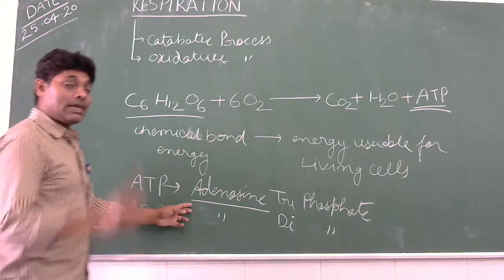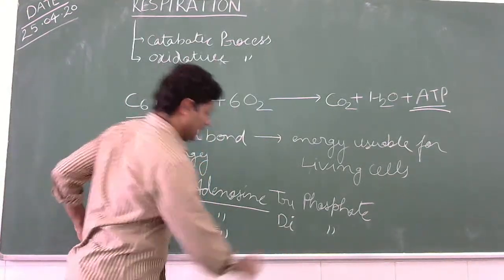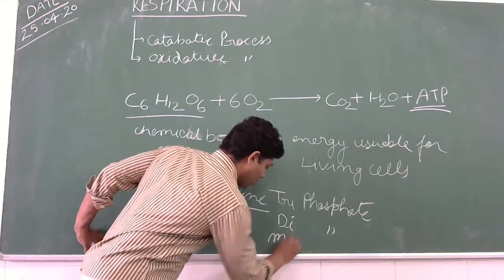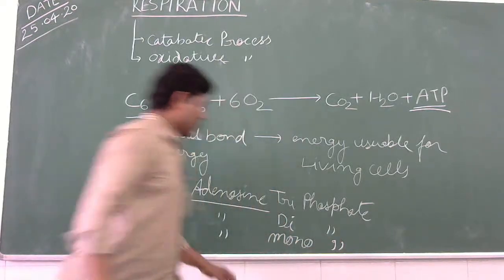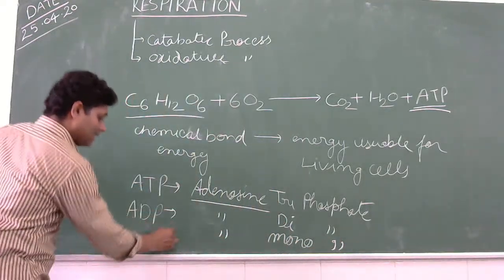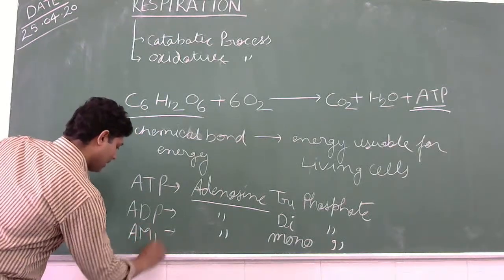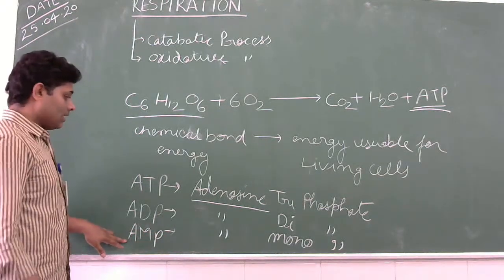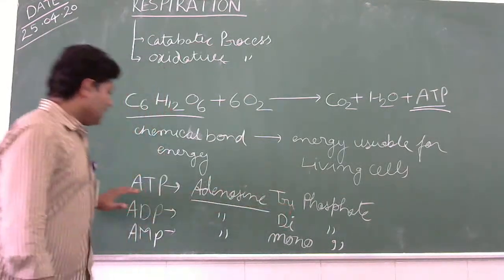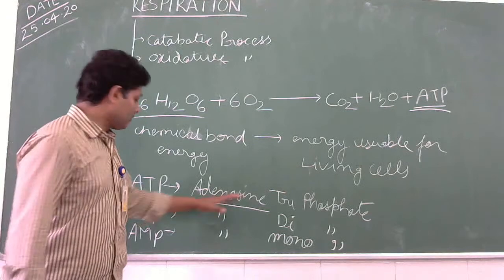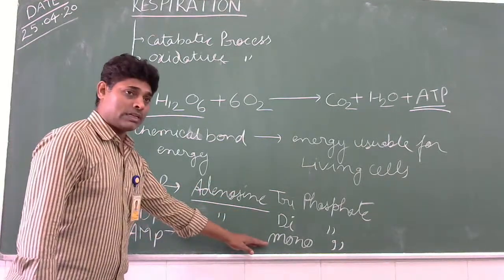If it has a single group, then it is known as the adenosine monophosphate, that is AMP. So, if it has three phosphate groups, it is adenosine triphosphate, then adenosine diphosphate, adenosine monophosphate.